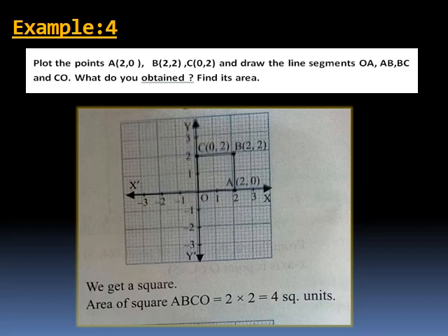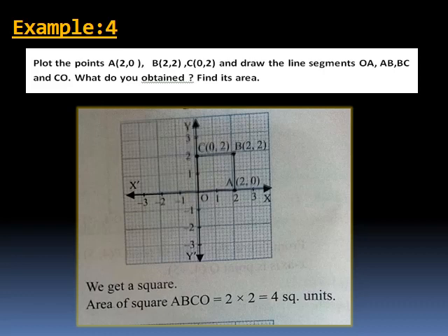So here the point A 2, 0. Here the x coordinate is 2 and y coordinate is 0. So the point A lies on x-axis. That is, 2, 0 lies on x-axis in the positive direction. Point B 2, 2. X coordinate is 2 and y coordinate also 2.